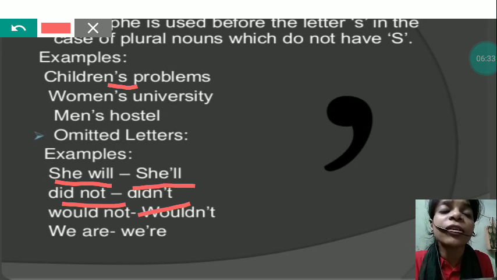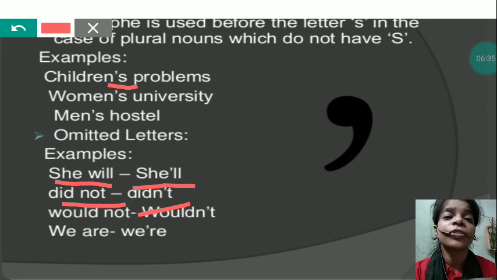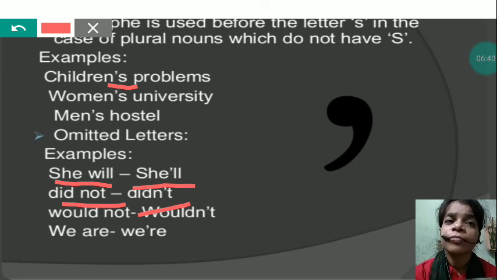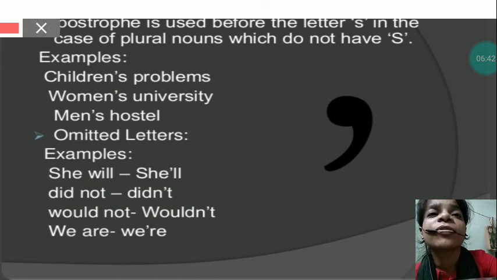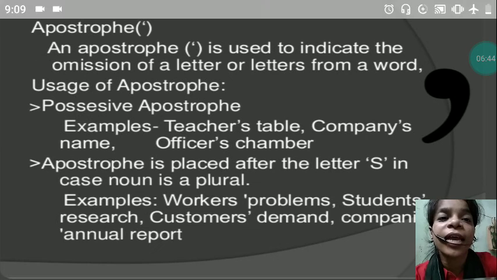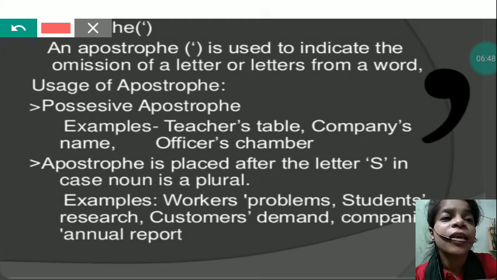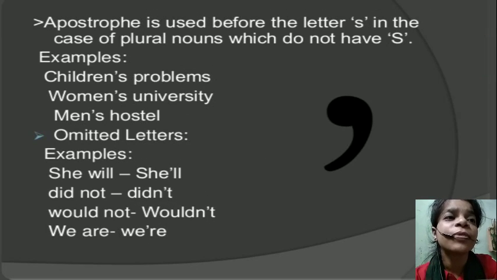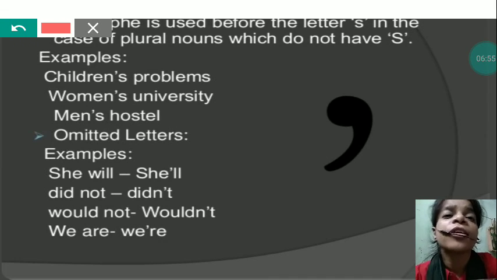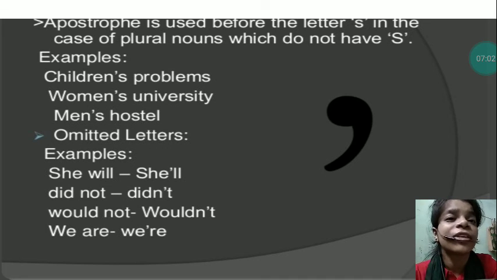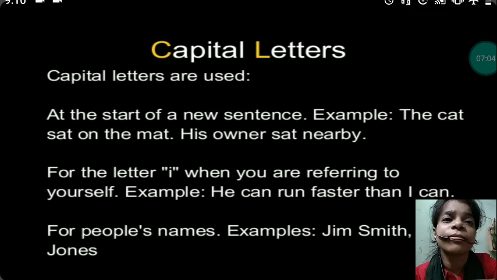The second one was for a singular noun only. Now the third and fourth are for plural nouns. When the plural noun ends with s, we use the apostrophe after s. But if the plural noun is normal like children, not ending in s, then we write apostrophe s. So these are the four different uses of the apostrophe.